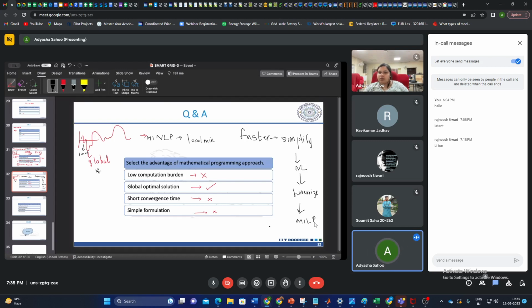And what will happen in a linear type problem is you'll get the solution faster.